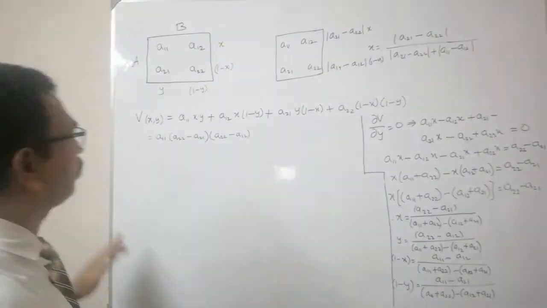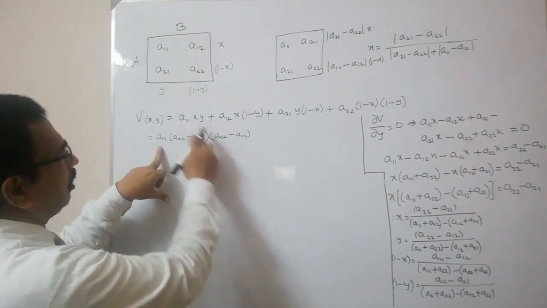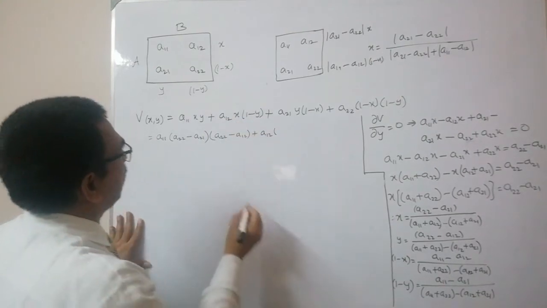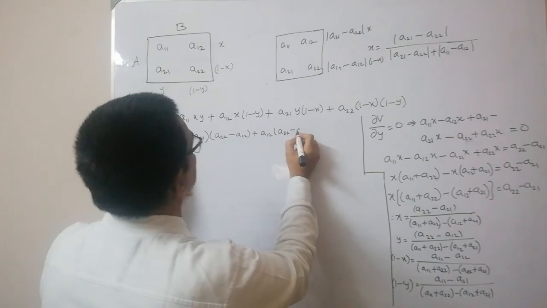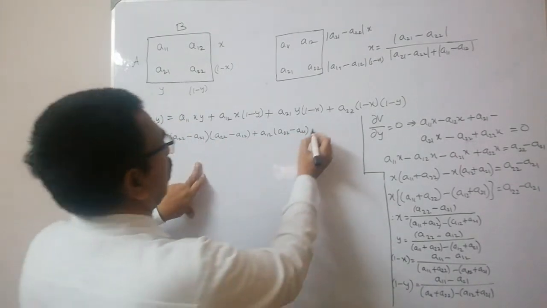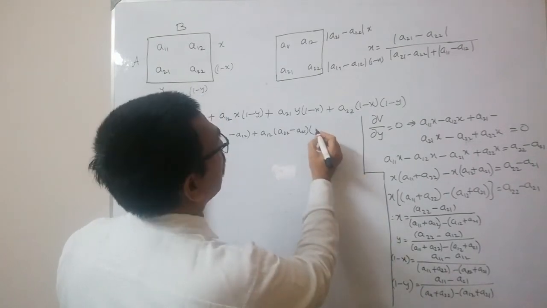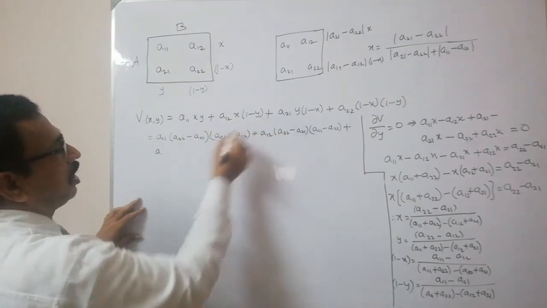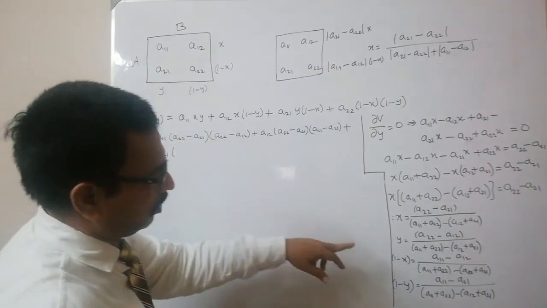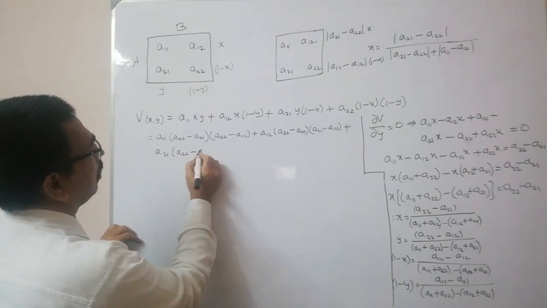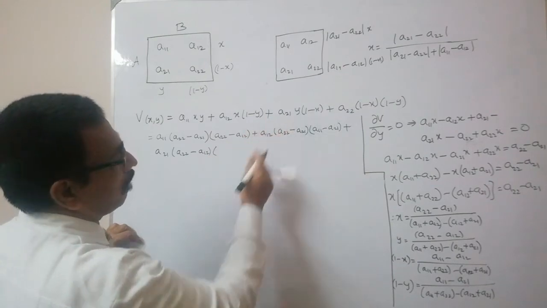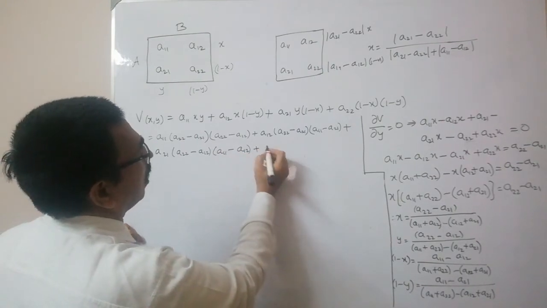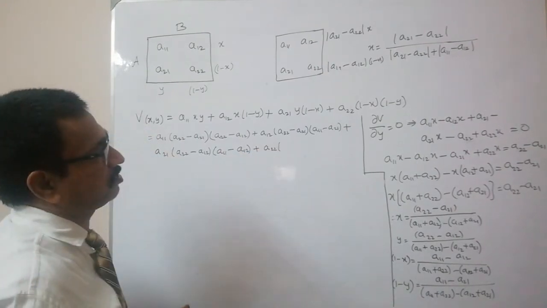denominator at the end. Okay, so in the numerator what we get here, for the first term we got this, plus for the second term it is a12 into x, that is a22 minus a21, the numerator part only, into 1 minus y, that is a11 minus a21, plus the third term is a21 into y, that is a22 minus a12, into 1 minus x, that is a11 minus a12, plus a22 into 1 minus x into 1 minus y.